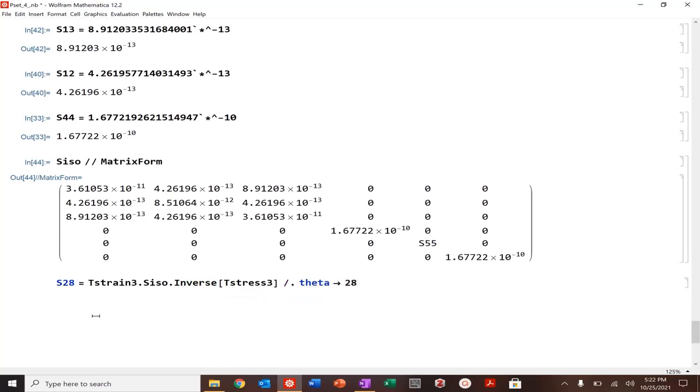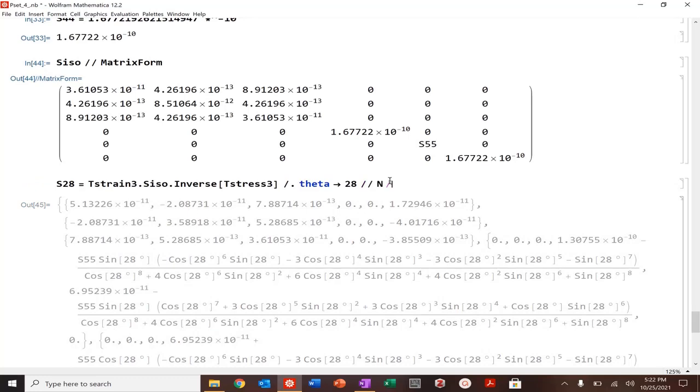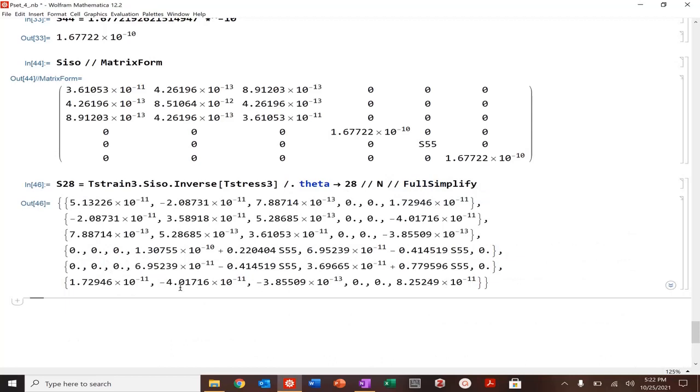So we're going from the old coordinate system to the new one, that rotated one. So we'll simplify. So I could see, actually we could look at this S28.